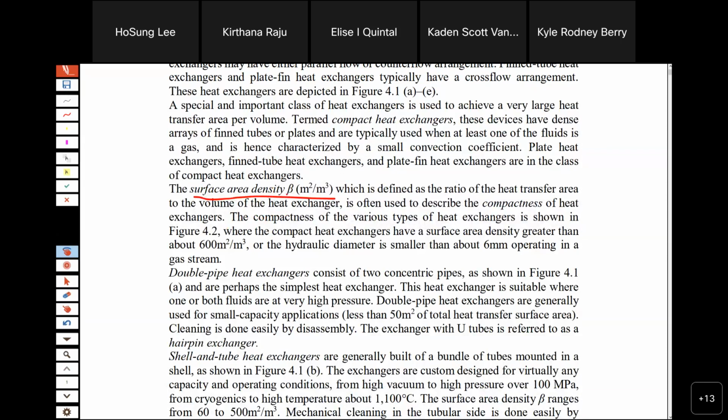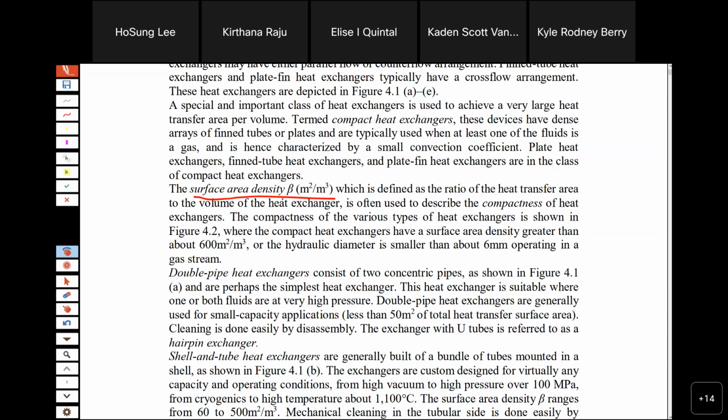The unit is meter square divided by volume. The meter square is the heat transfer area, divided by volume. So the compactness we can indicate, say, with beta.